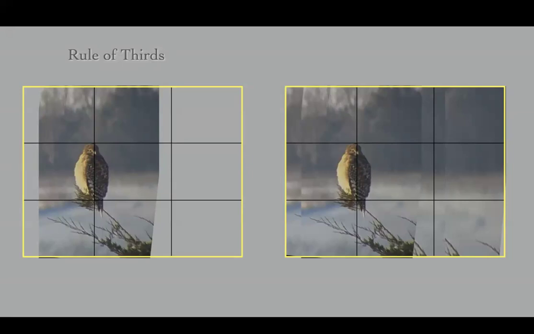I just kind of arbitrarily put the bird on one of those lines. In the rule of thirds, if you have your main subject along one of those lines or in one of the 4 intersections, that usually gives you pretty good composition.